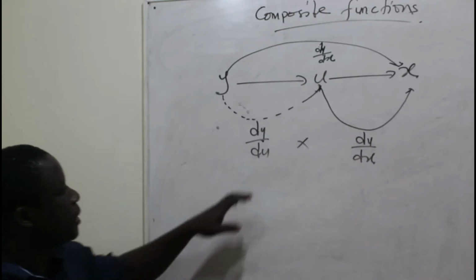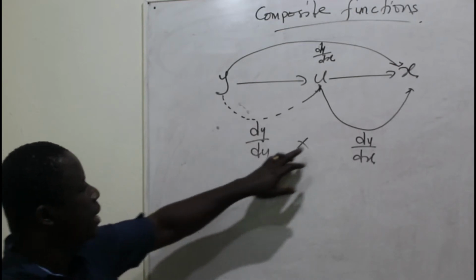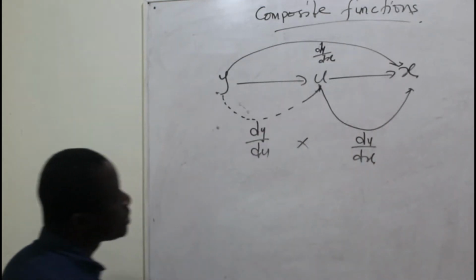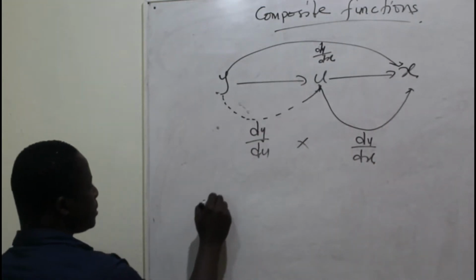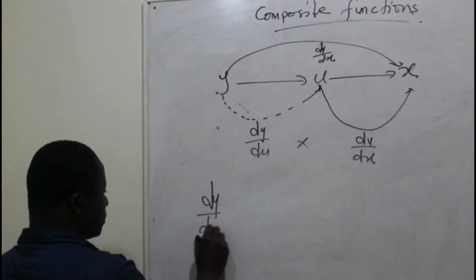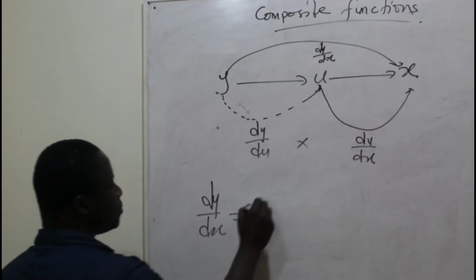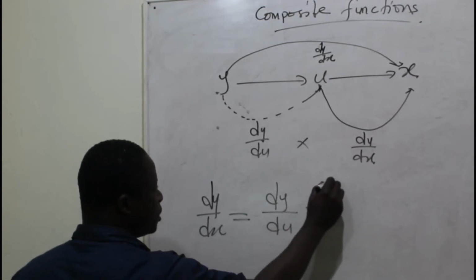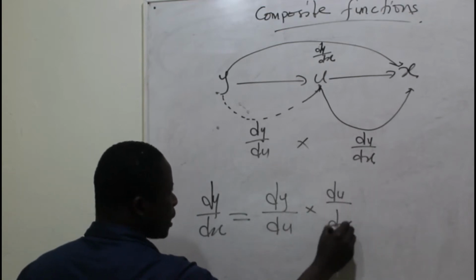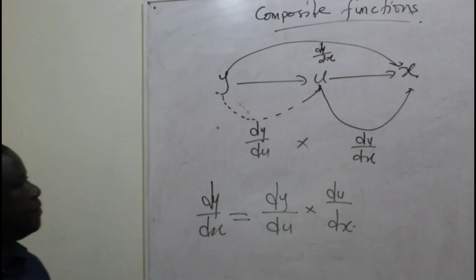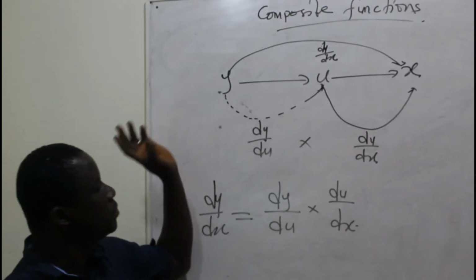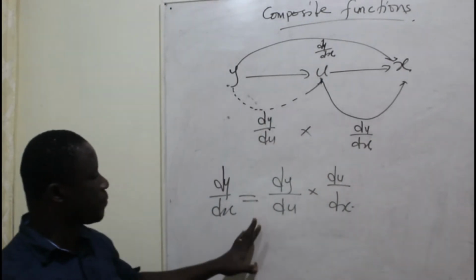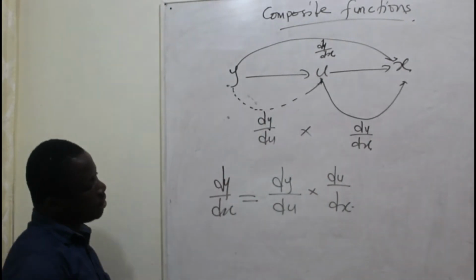So when you multiply dy/du by du/dx, then you get dy/dx. So it says that dy/dx will now be equal to dy/du times du/dx. So you have to differentiate with respect to u first, then you find du/dx, then you take the product, then you get dy/dx.